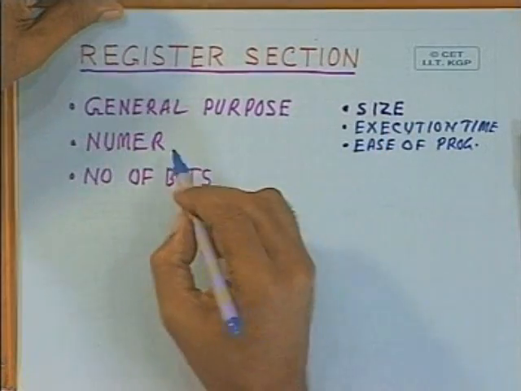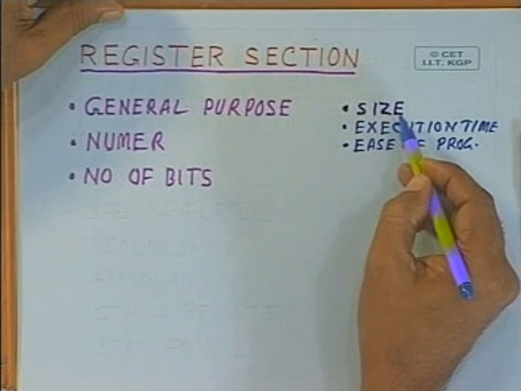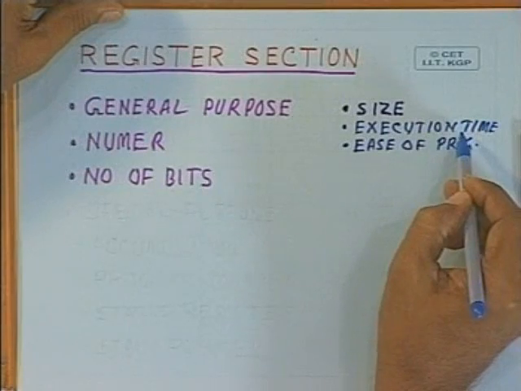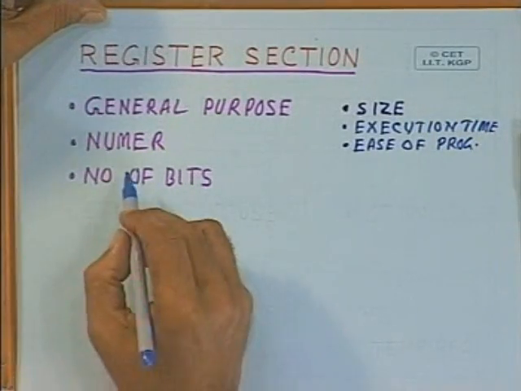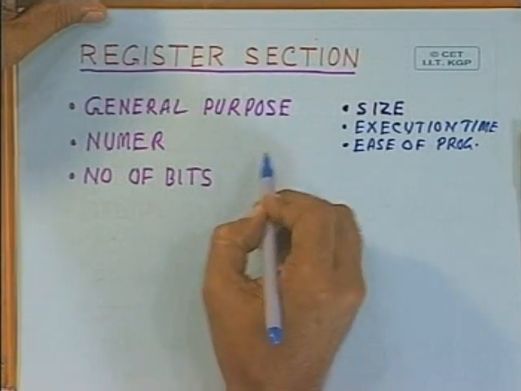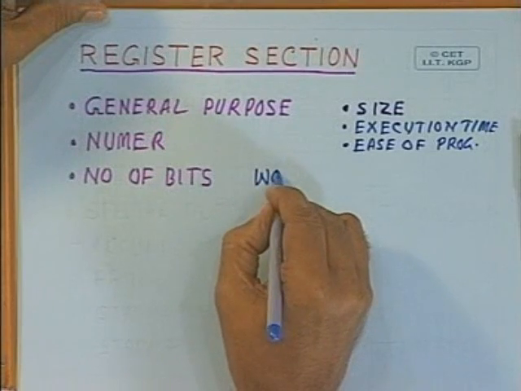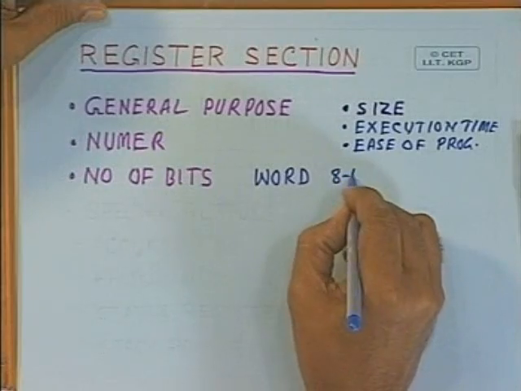Later on we shall illustrate with an example and see how the number of general purpose registers available in a microprocessor affects the size of a program, that means the space, execution time, and ease of programming. And obviously, the number of bits will depend on the word size of the processor. Word size, in case of 8-bit microprocessor, is 8-bit.